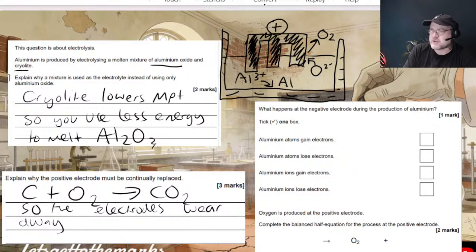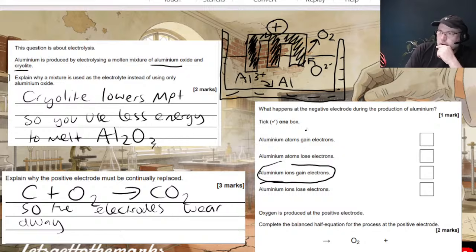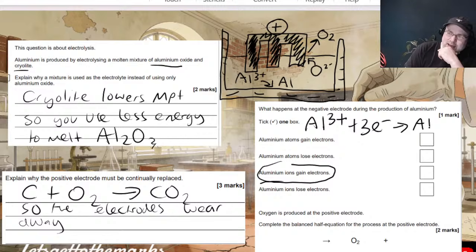That's right, aluminium ions gain electrons. So what happens is Al3 plus picks up 3 electrons and becomes Al. We want to make atoms of aluminium, so we give the ions electrons and they go back to being aluminium atoms.